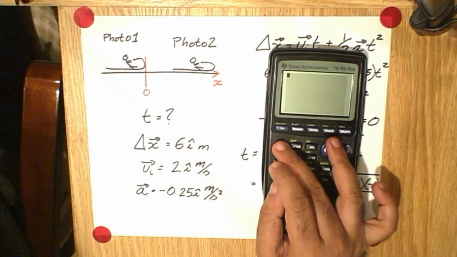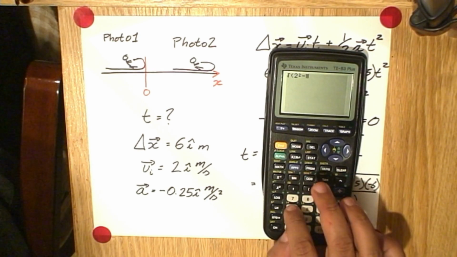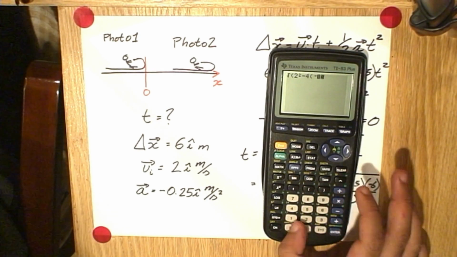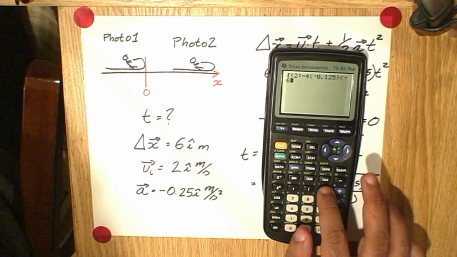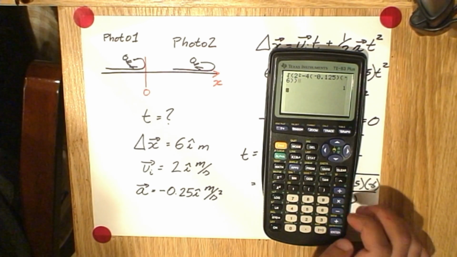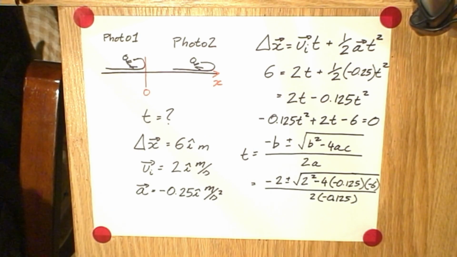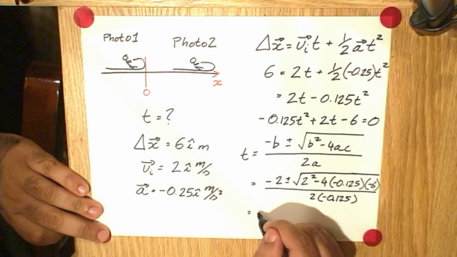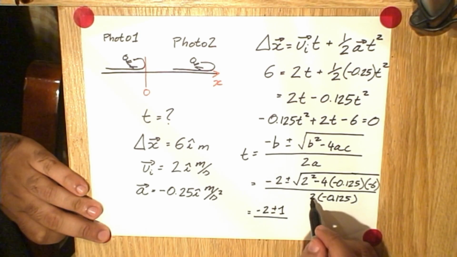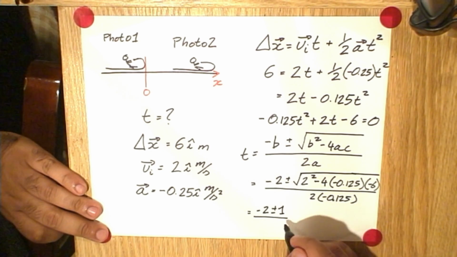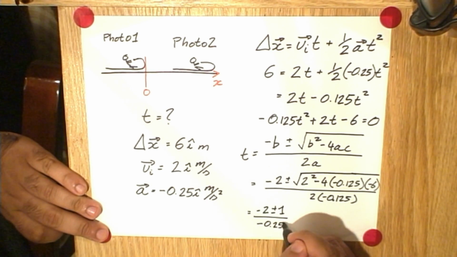So, the square root of 2 squared minus 4 times negative 0.125 times negative 6 gives us 1. So we now have negative 2 plus or minus 1 divided by 2 multiplied by negative 0.125, which is negative 0.25.